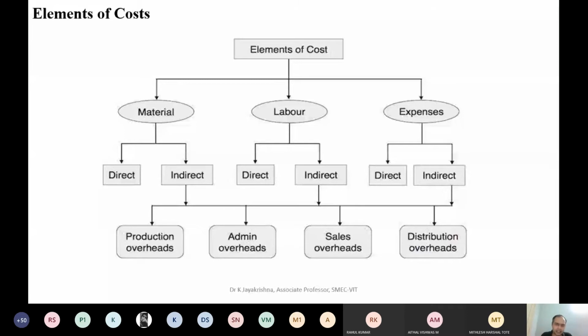And all indirect cost can be covered under four overheads: production overhead, administrative overhead, sales overhead, and distribution overhead.